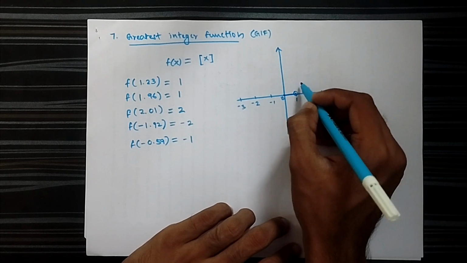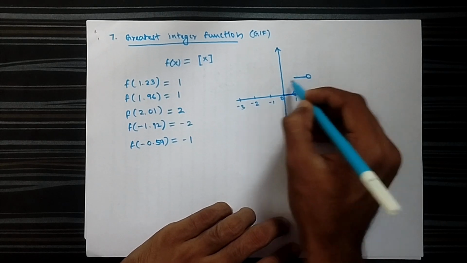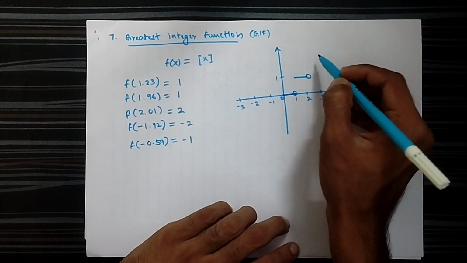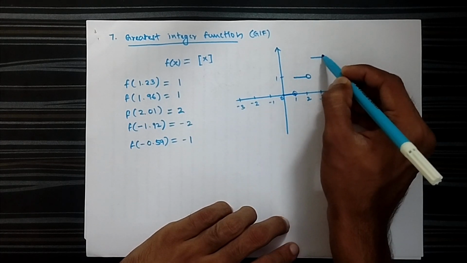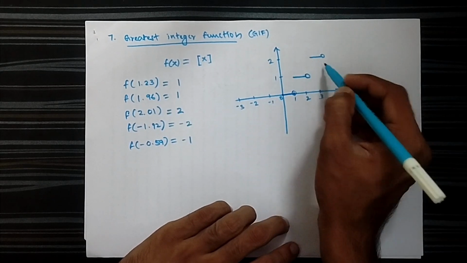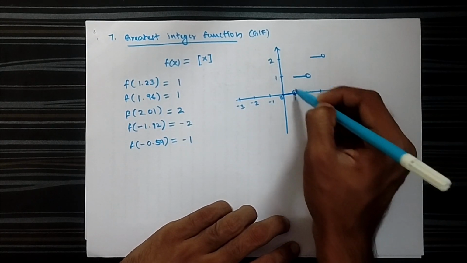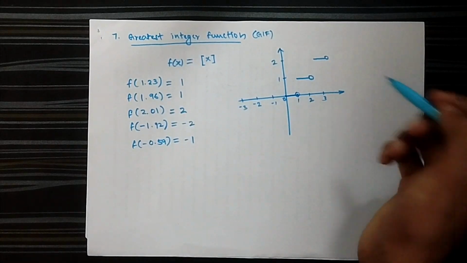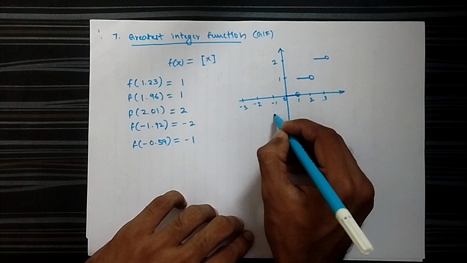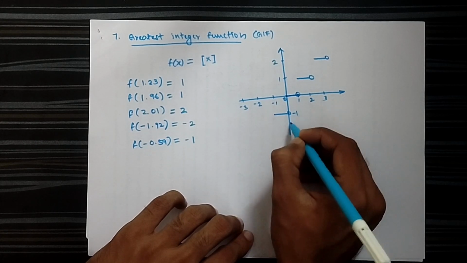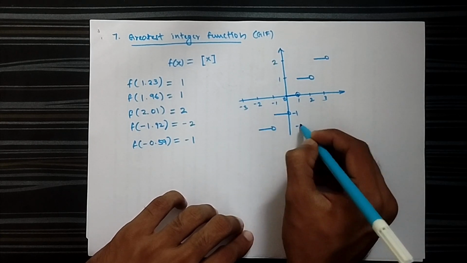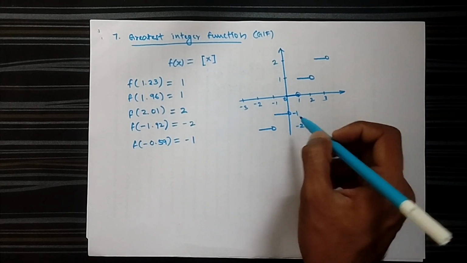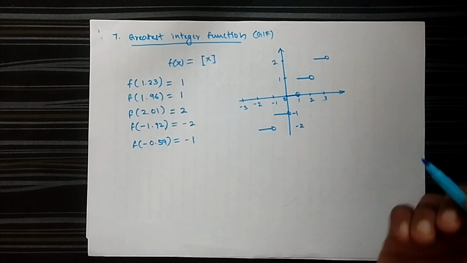For any number from 1 to 2, the answer would be 1. For any number from 2 to 3, the answer would be 2. The right endpoints 1, 2, 3 are not included, that's why it's an open circle. If it was a closed circle, the point would be included, but here it's not. And going down, for any number between -2 and -1, where -1 is not included, the answer would be -2.